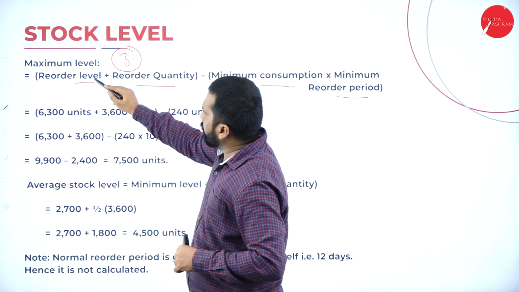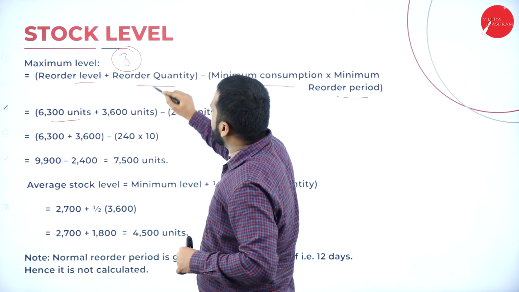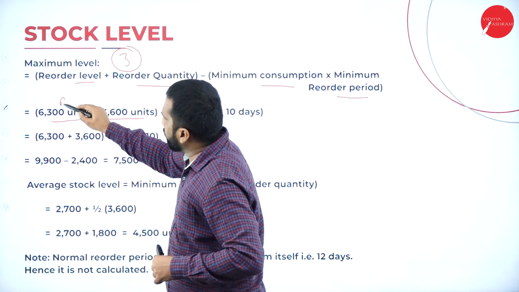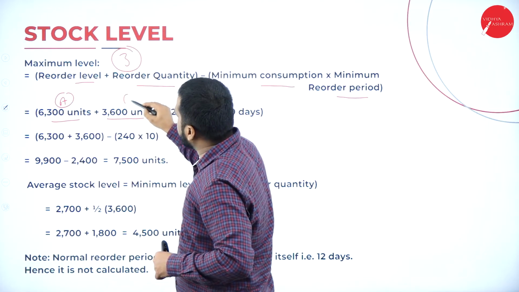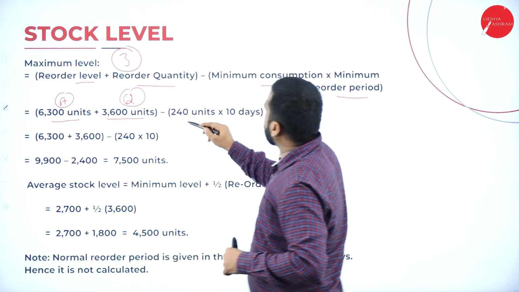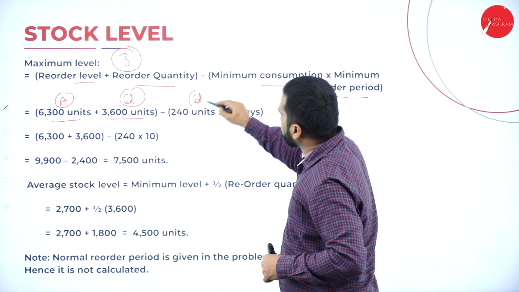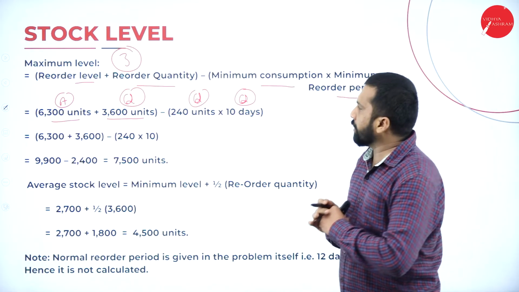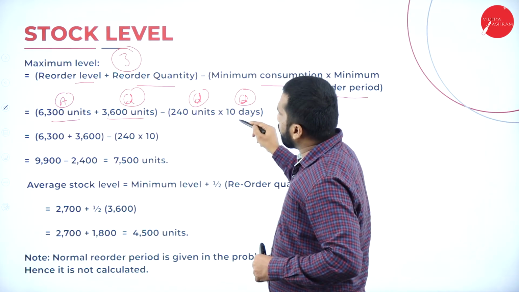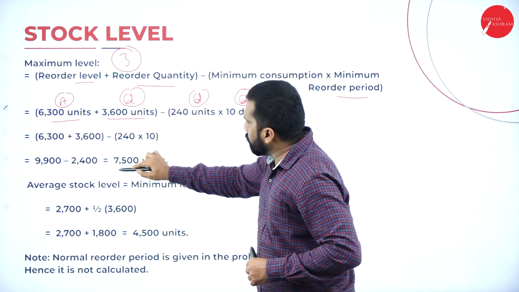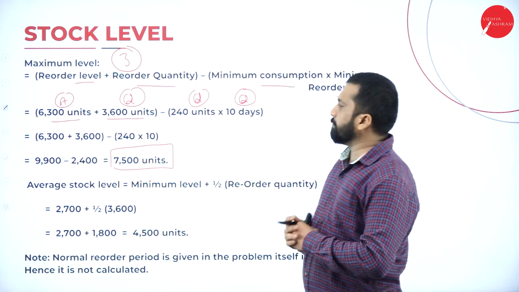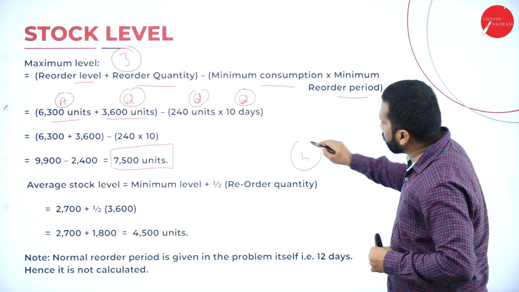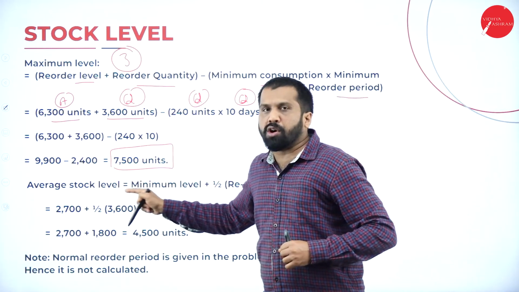Now, reorder level answer, reorder quantity, it is there in the question. 240, it is there in the question. 10 also is there in the question. Clear? Now, add this, multiply this, simplify, you will get 7500 answer.